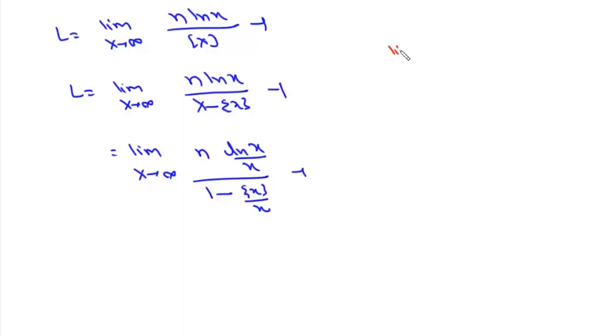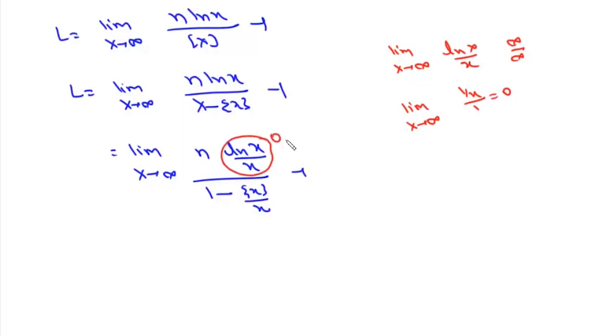The limit as x tends to infinity of log x upon x is of infinity upon infinity form. Now we use L'Hopital's rule. It will be the limit as x tends to infinity of 1 by x upon 1, which is 0. So the limit in the numerator will be 0, and we'll solve the second limit, which is the limit as x tends to infinity of the fractional part of x upon x.